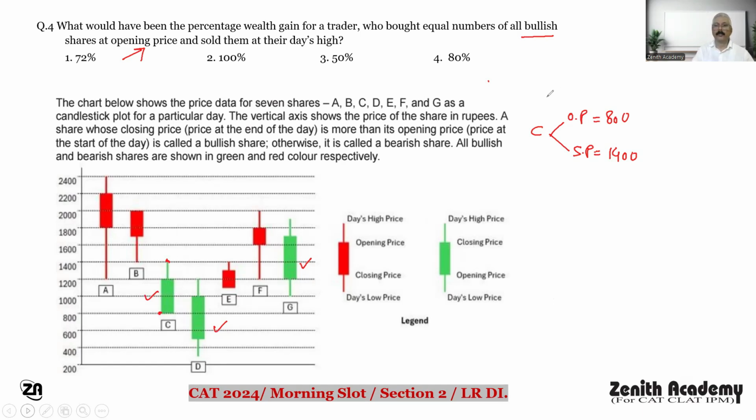So suppose he bought one share C, one is D and one is G, because it is given the equal number of all bullish. Then on one share of C, you will get benefit 600 upon 800, right? 14 minus 8, 600 upon 800 into 100. So this is 75.